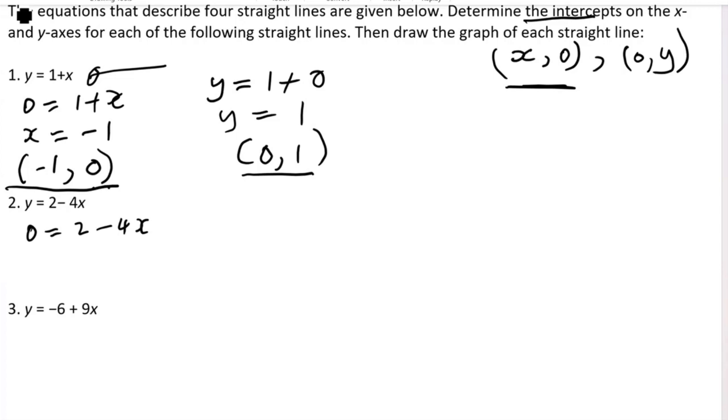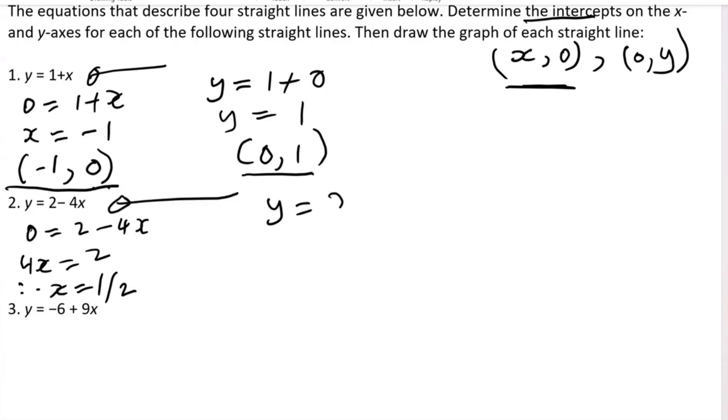For your y-intercept, you let your x be 0 in this formula. So you're going to have y equal to 2. You just substitute x equal to 0. Write this in coordinate form. Your x-intercept is written as (half, 0). Your y-intercept is written as (0, 2), without anyone telling you so.